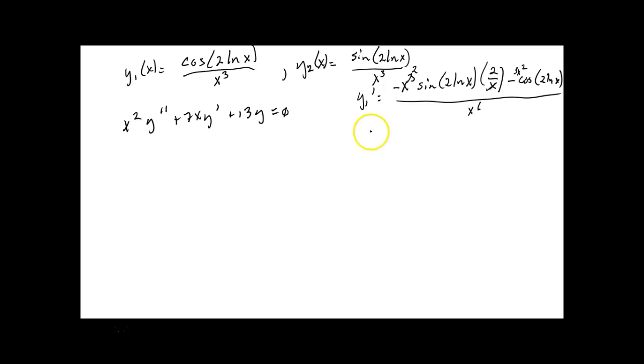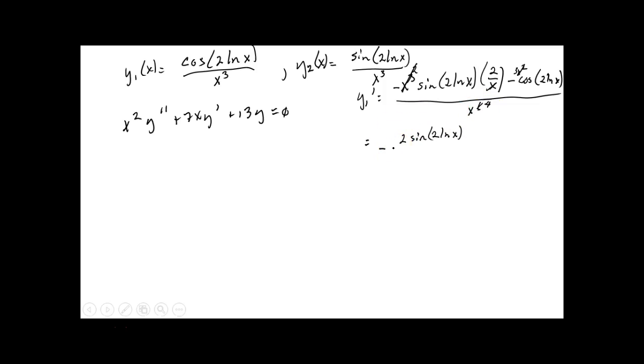I can simplify that a little bit. I'm going to pull out my minus sign. Bringing this down to 4 will wipe out those. What I think I have now is 2 sine 2 log x.